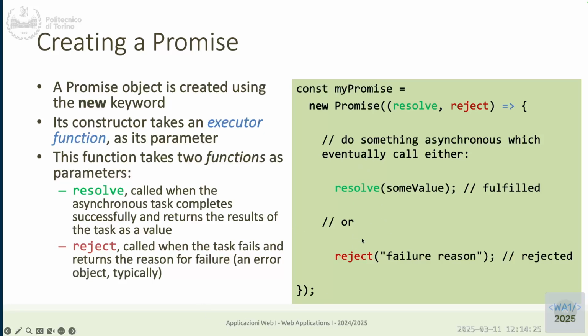At some point inside the code, we can call the resolve function with some value. So we are resolving the promise with the promised value. The value that I promised before, okay, here it is. I'm fulfilling the promise by providing a value. So this is the mechanism by which the callback will return the value to the caller, by fulfilling the promise.